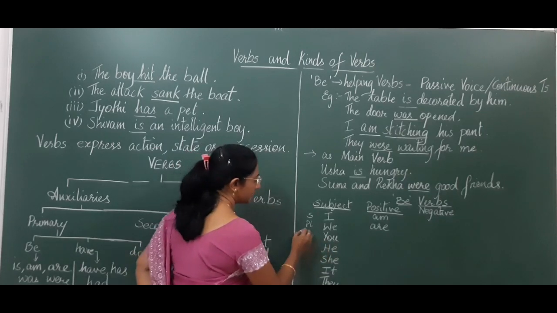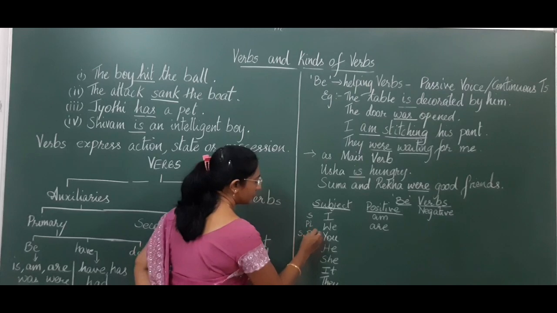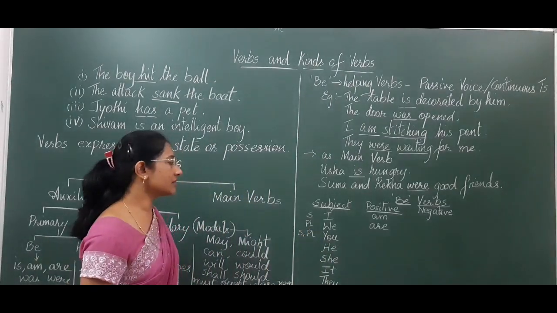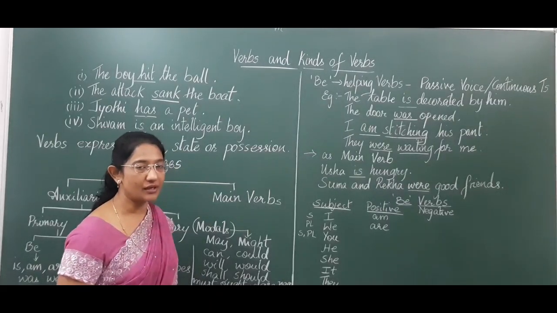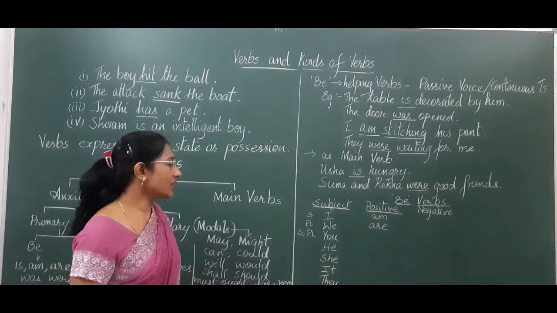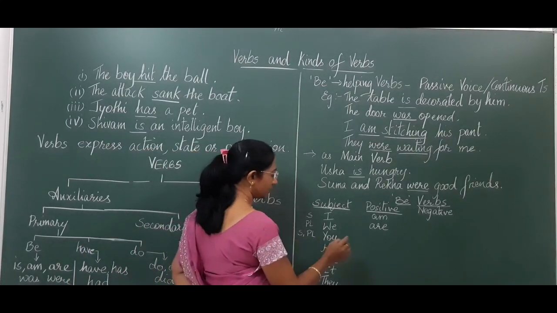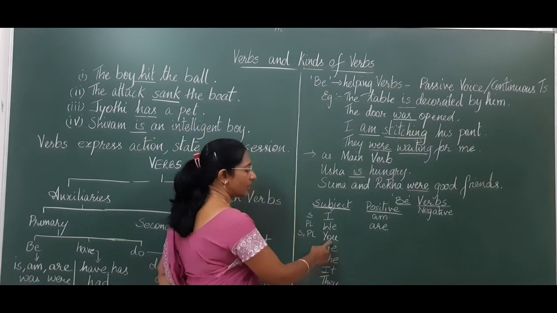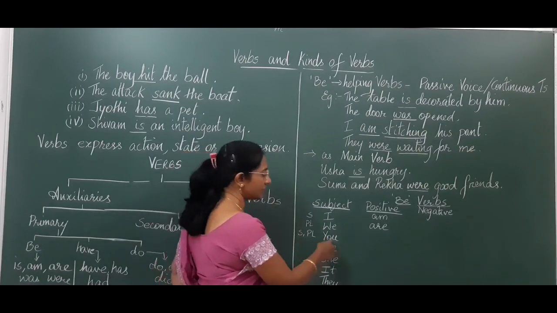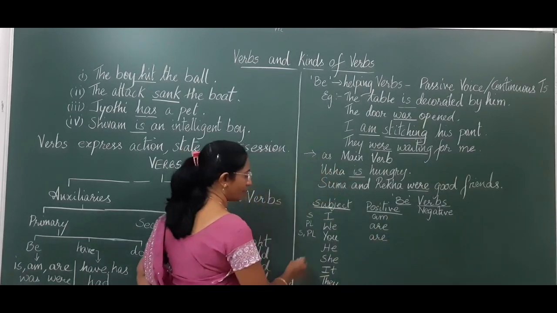You is in singular form and also in plural form. Either it is a singular second person, you, or more than one, you. So, both singular and plural take you. And the be verb used for the second person is you are, in present tense form.